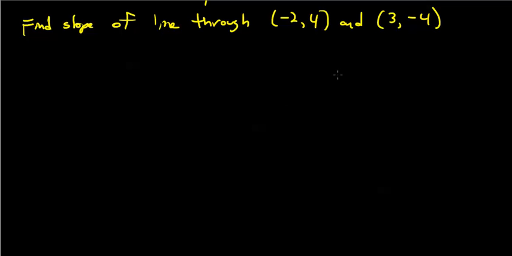What I usually do is interpret the first point mentioned as x1, y1, and the second one as x2, y2. The labels really don't matter. You can take these points in any order you like, as long as you keep the y's with the corresponding x's in order.